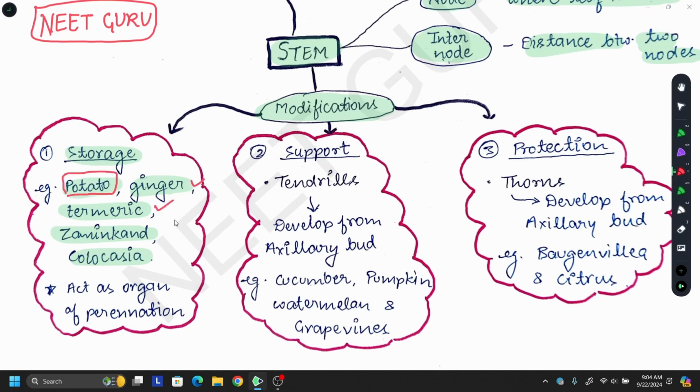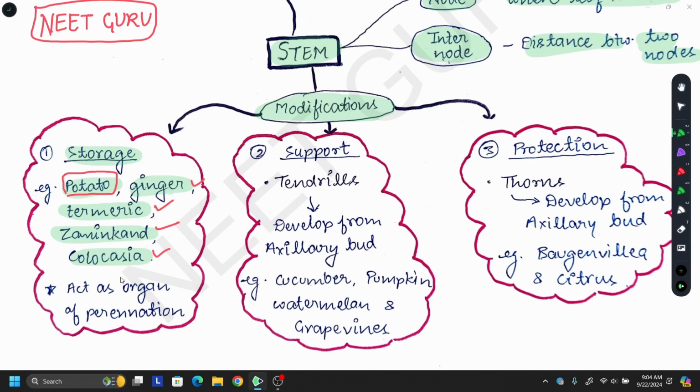Because all of them, at one time or another, are asked in the NEET exam. So all the examples are very important. That's why I have written all examples of the morphology of the flowering plant. They are very important.